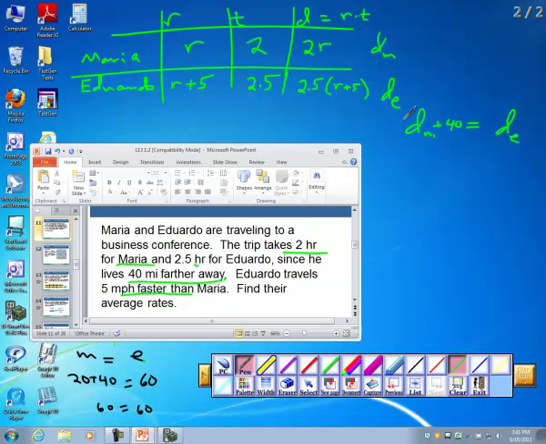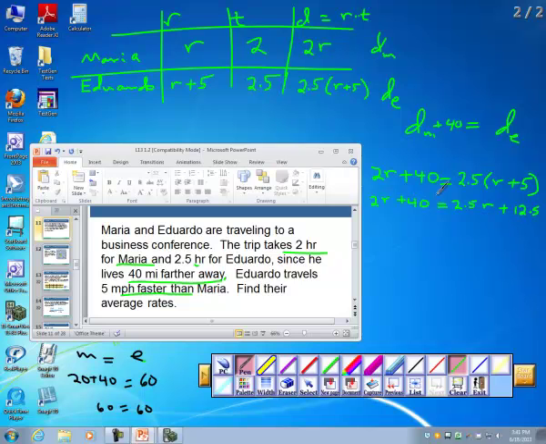We know that the distance for Maria is 2 times the rate, but we have to add the 40 to that. And Eduardo's is 2.5 times R plus 5. So that gives us 2R plus 40 equals 2.5R plus 12.5.